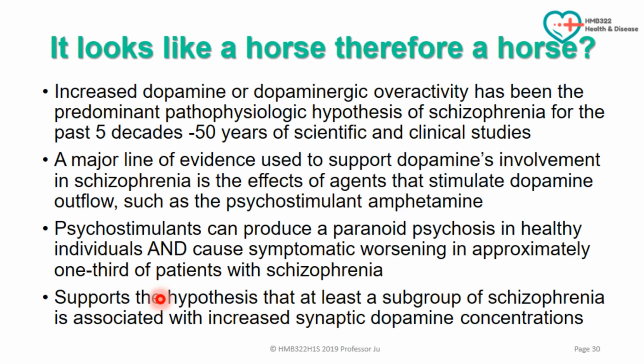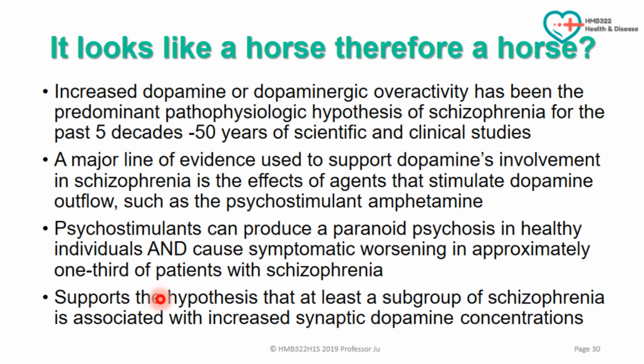So again, what we try to do in biology is to develop a model system. What I've just spent the last week and a half doing is taking you through a model system where we're trying to understand cancer in the model of a mouse, and I tried to get you to understand how that model system was developed. And when we look at how we understand schizophrenia, it's based on model systems that we've developed over the years.